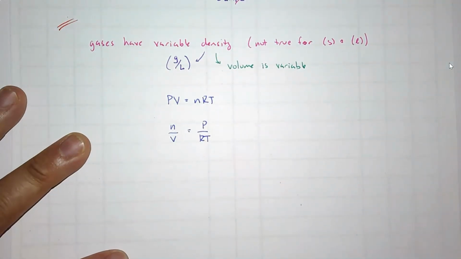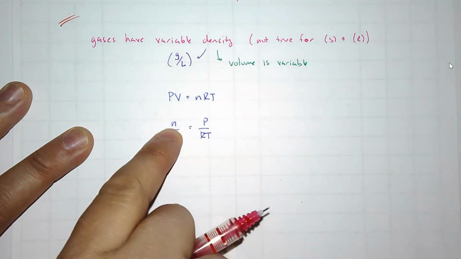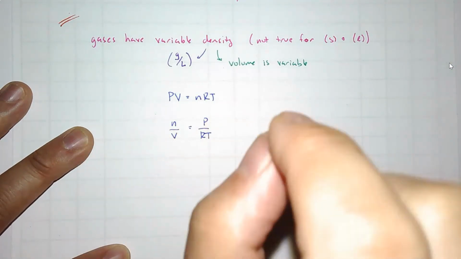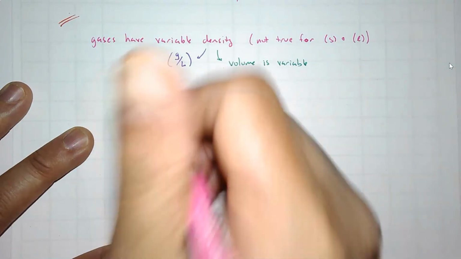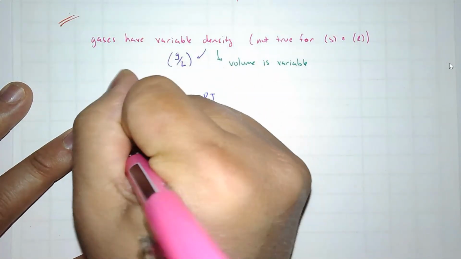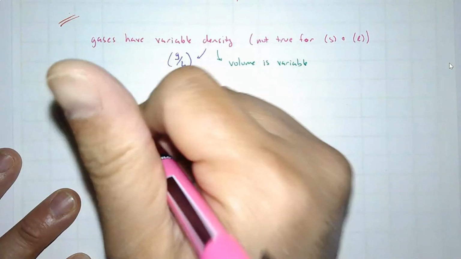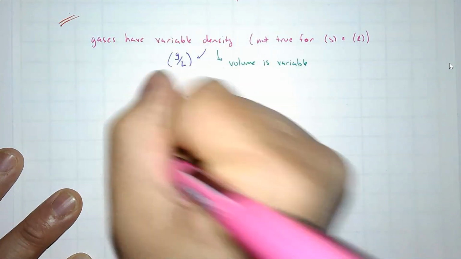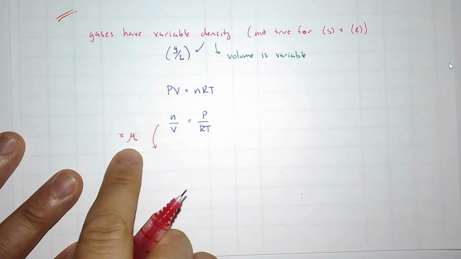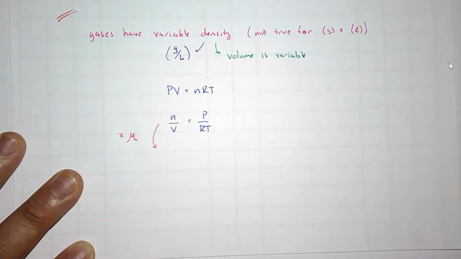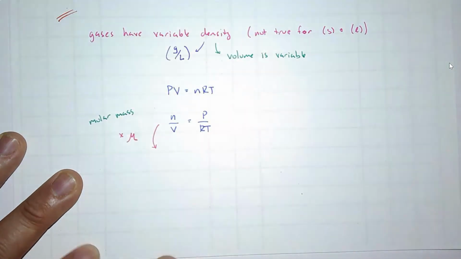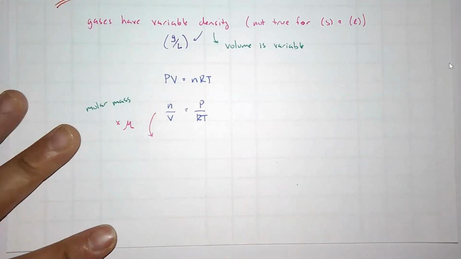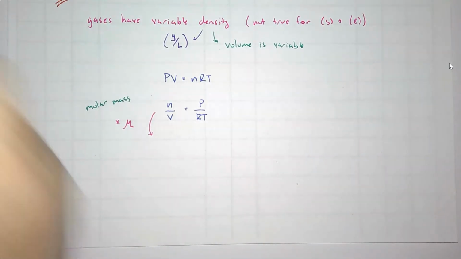Now, that's not grams, that's moles. But you know that if you multiply the molar mass by moles, you get grams. So that's what I'm going to do. I'm going to use the fancy symbol for molar mass, big M, but kind of the curvy one, and multiply both sides by molar mass. To figure out the density, you do need to know the gas, so you can calculate the molar mass.